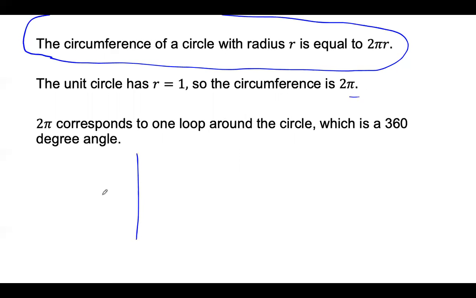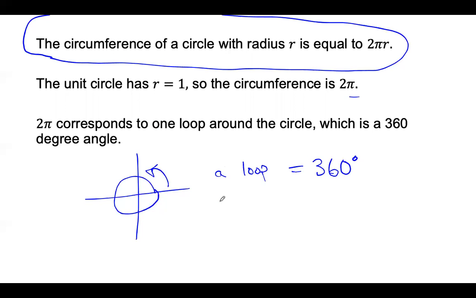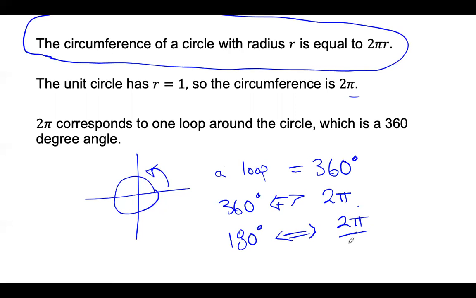So let's say we have, draw this circle again. So one loop around the circle is equal to 360 degrees. So 360 degrees is equal, the same thing, when the radius is equal to 1, as 2 pi. So 180 degrees, half of this circle, corresponds to 2 pi divided by 2, which is therefore just pi.